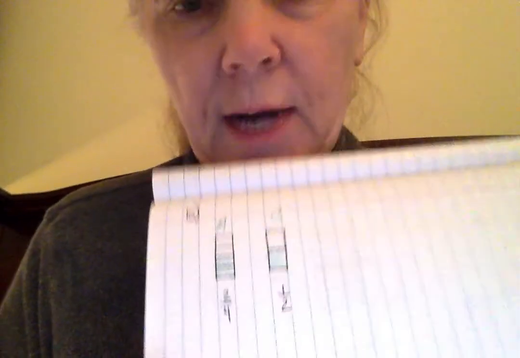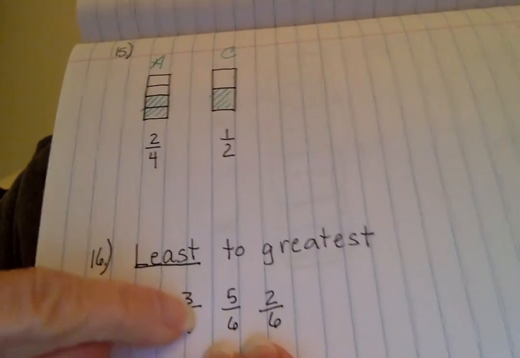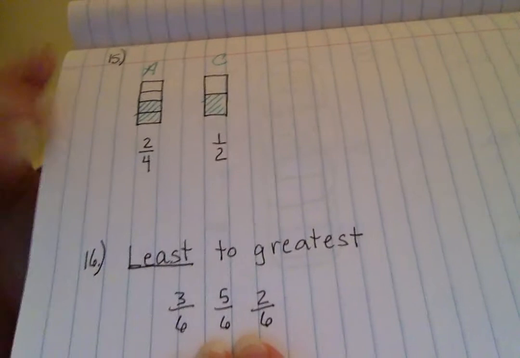Now we're on to number 16. Pat has 3 pieces of fabric that measure 3/6, 5/6, and 2/6 yards long. Write the lengths in order from least to greatest. So we want to start with the smallest piece. Here I wrote these fractions out, and you notice we have a common denominator.